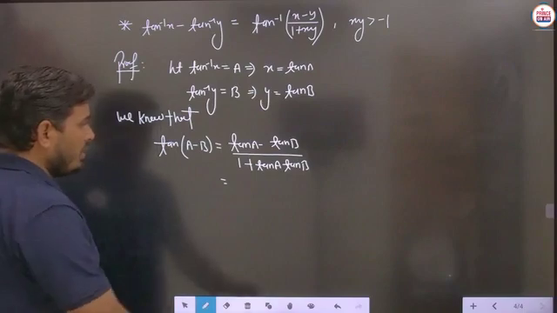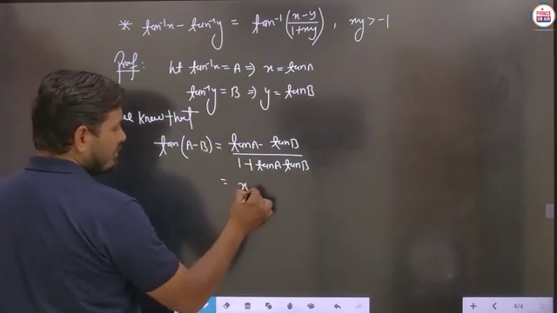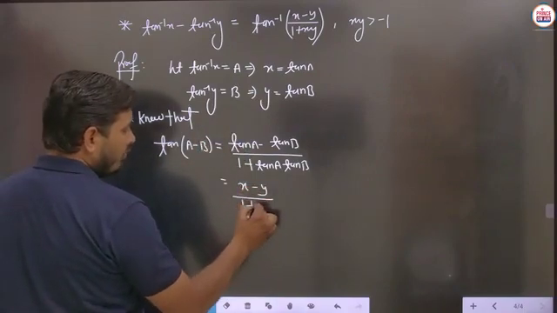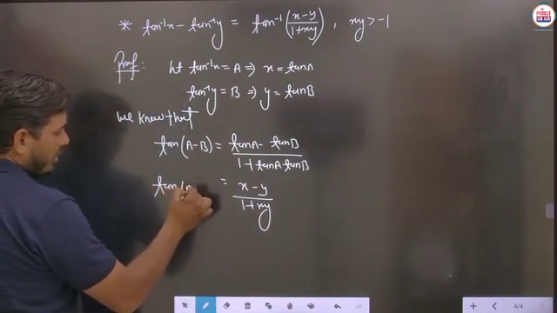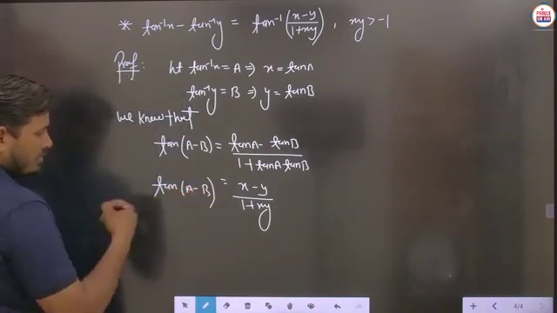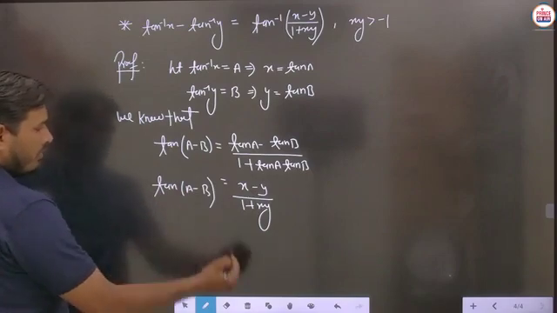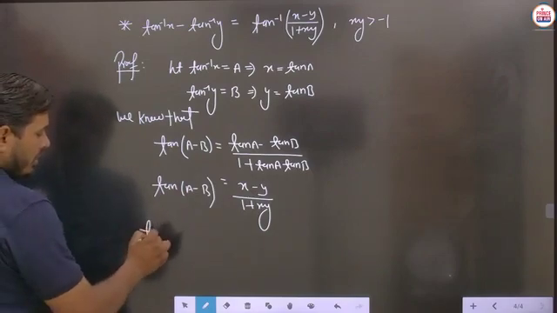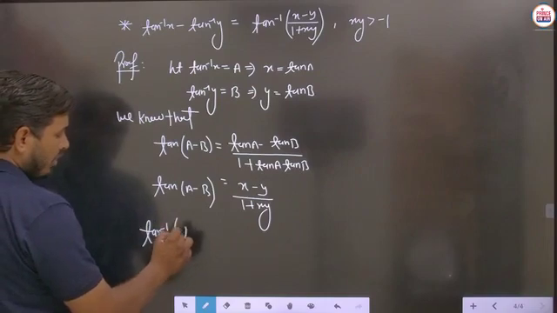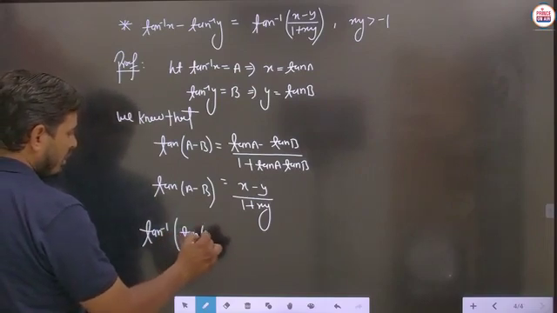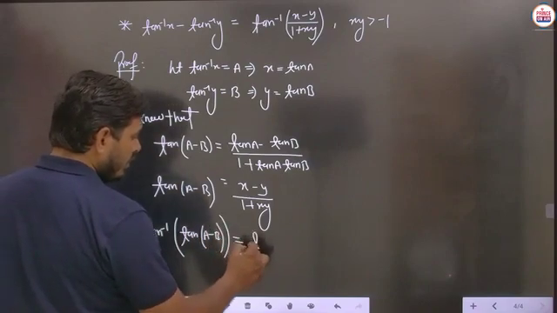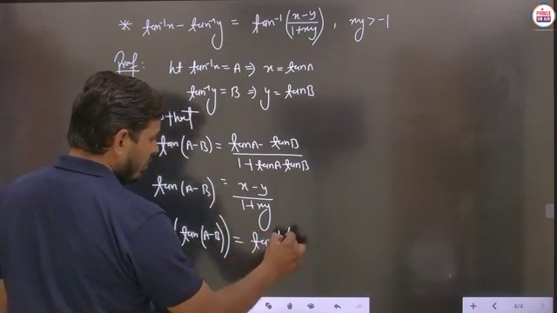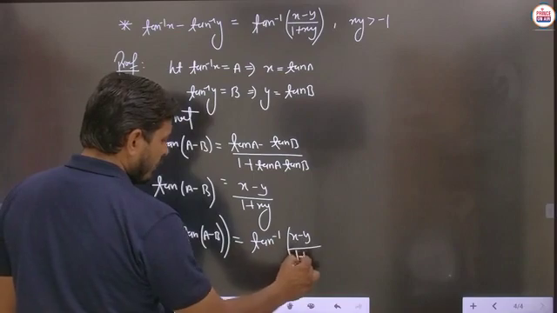So in place of tan A and tan B you write (x minus y) divided by (1 plus xy). This is the result of tan(A minus B). Taking inverse on both sides, we get tan inverse of tan(A minus B) equals tan inverse of (x minus y) upon (1 plus xy).